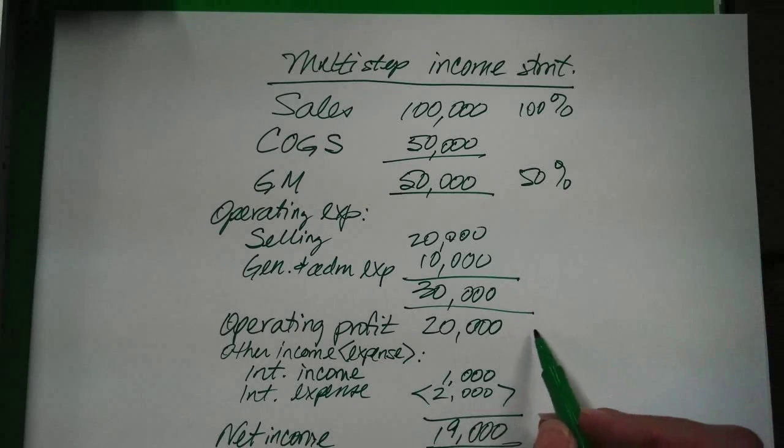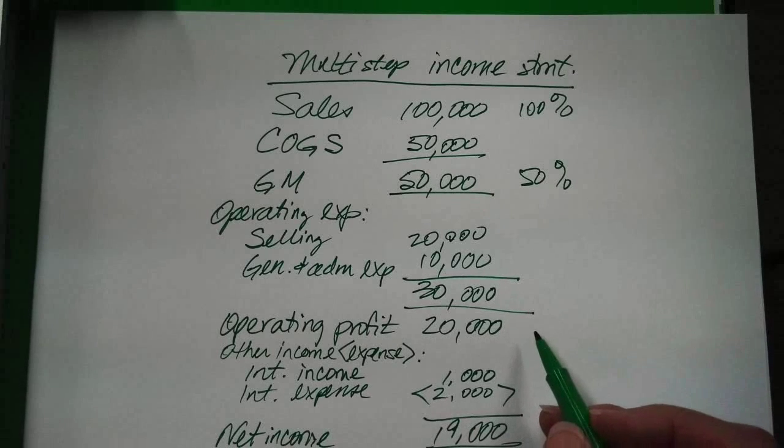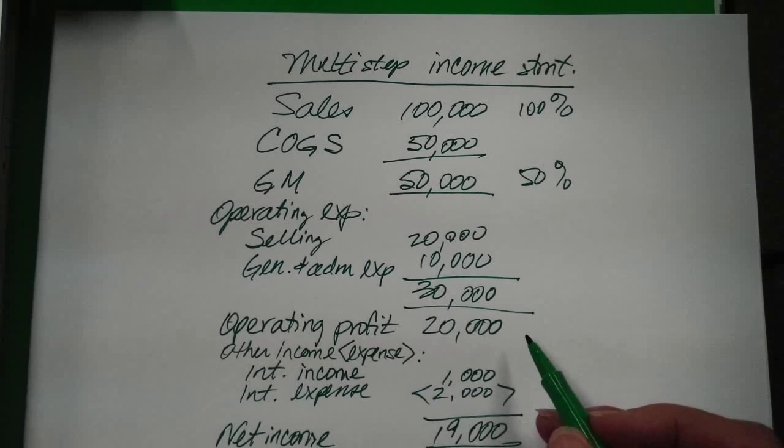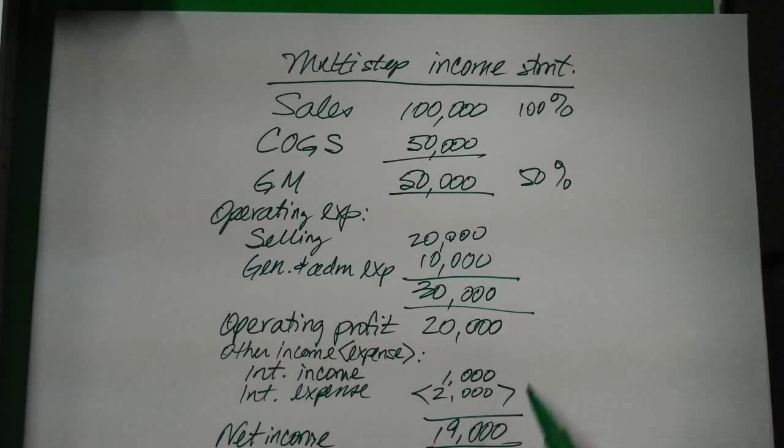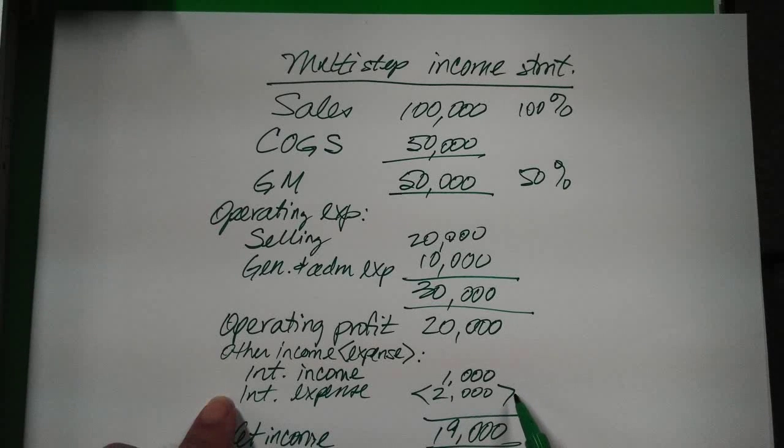I can see operating profit is how I want to be judged as a manager, because the reason interest expense is not an operating expense is because it is as a result of your financing decision. Okay? In other words, I could have started my business by borrowing money at the bank.